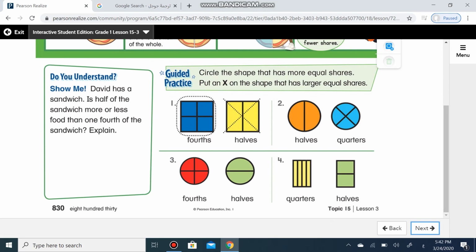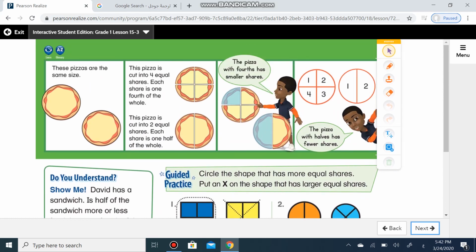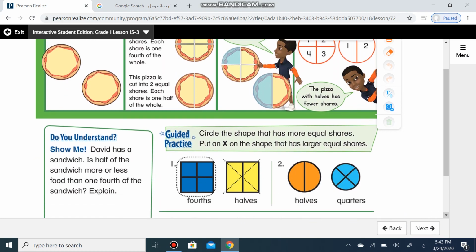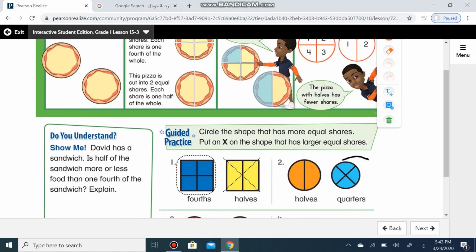The second one, put an X on the shape that has larger equal shares. Let us start. First one, I have 2 halves. The second one, I have 4 equal shares. Which one will I circle? Very good, the second one, because it has more equal shares.